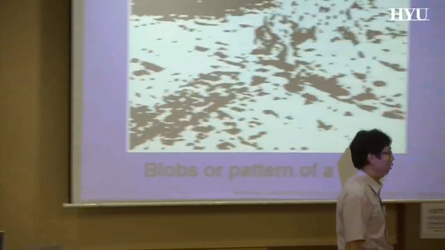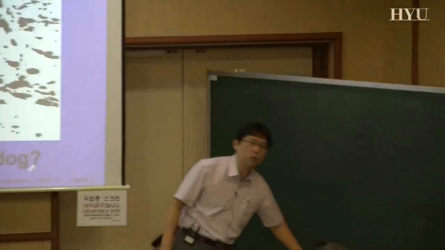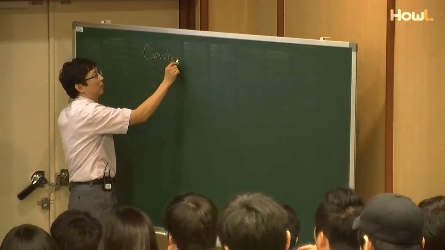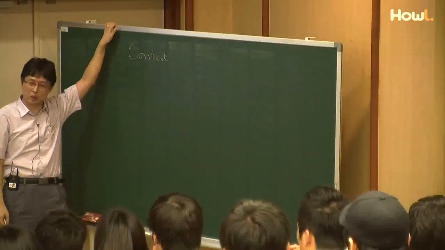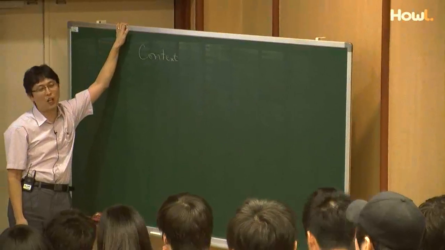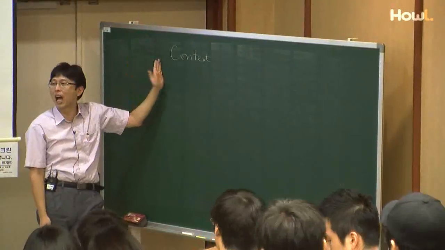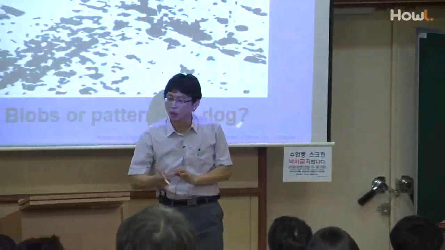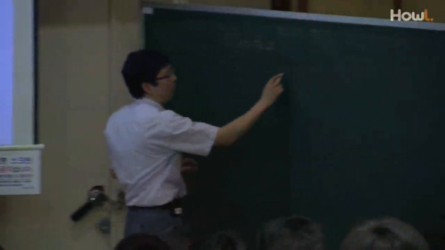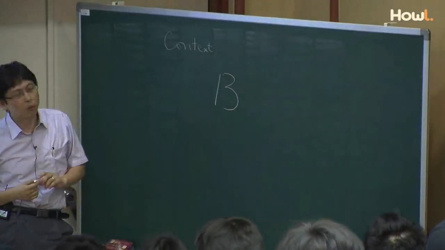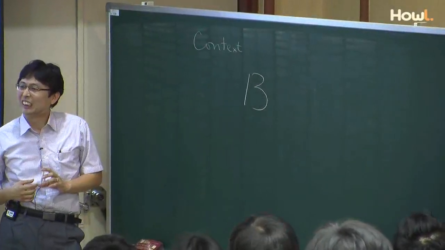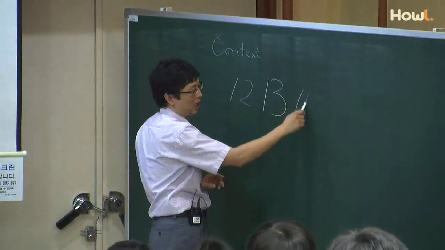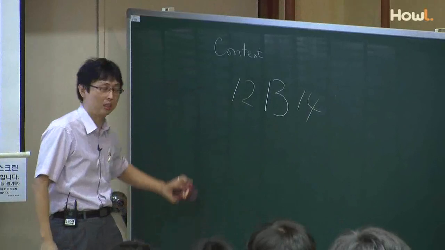Another topic at the end of chapter 2 is context, which is a really beautiful research topic. Nobody has done much yet about how context works with our visual perception. One example is this one. What is this? B? It depends. If I write it down in here, many people will say this one is 13.